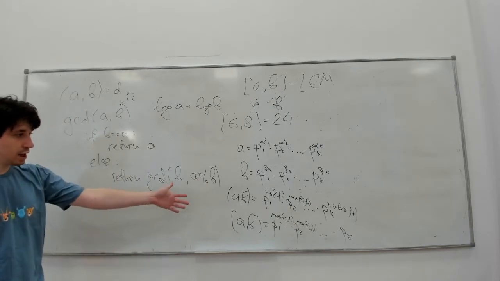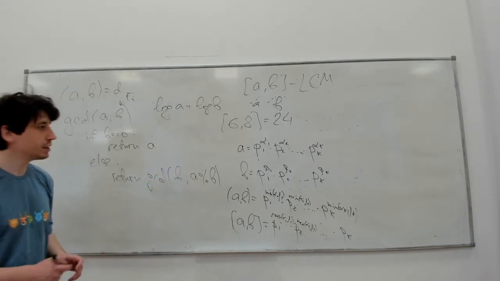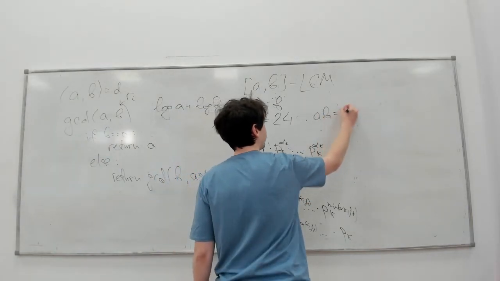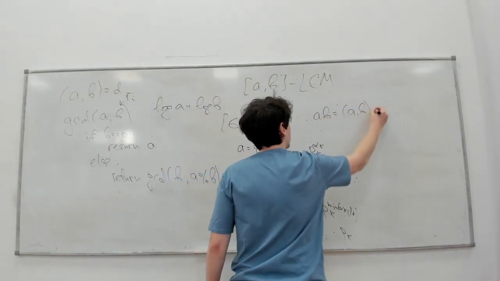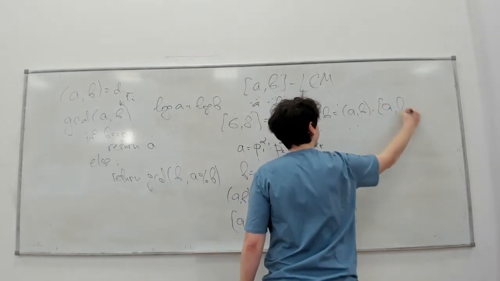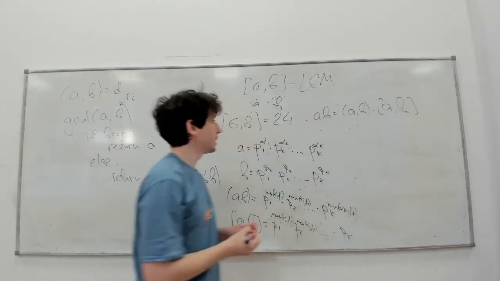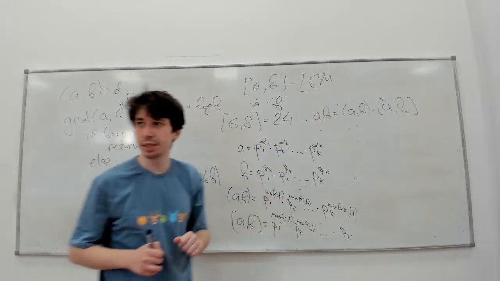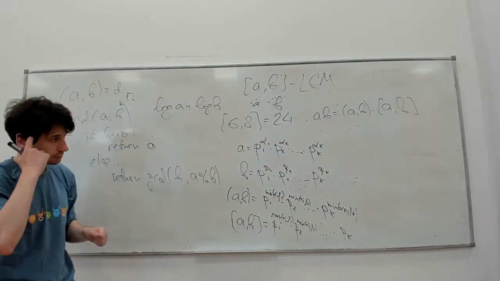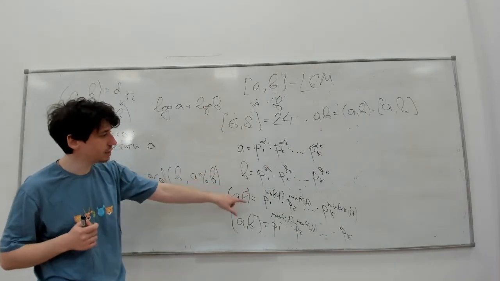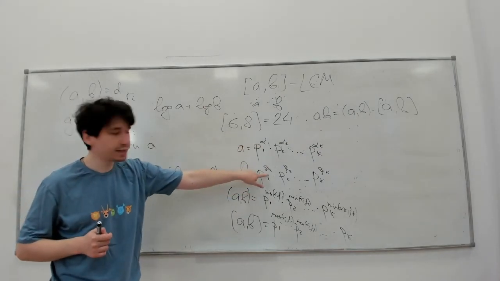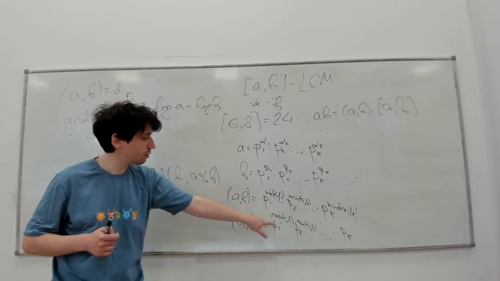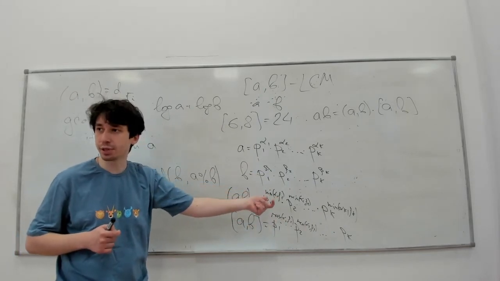Afterwards, when you look at that, it appears quite simple to see the following equality: A times B is the product of GCD and LCM. If alpha 1 is less than beta 1, then this power will be alpha 1 and this power will be beta 1, and vice versa.